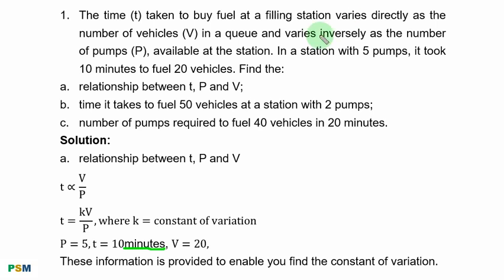Theory question 1. The time taken to buy fuel at a filling station varies directly as the number of vehicles V in a queue and varies inversely as the number of pumps P available at the station.